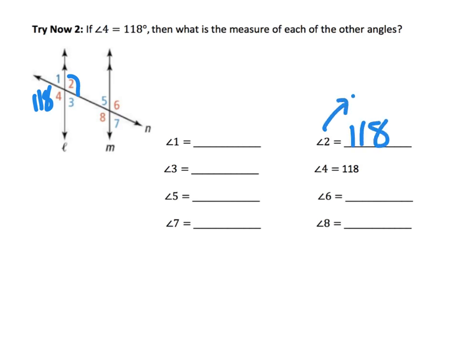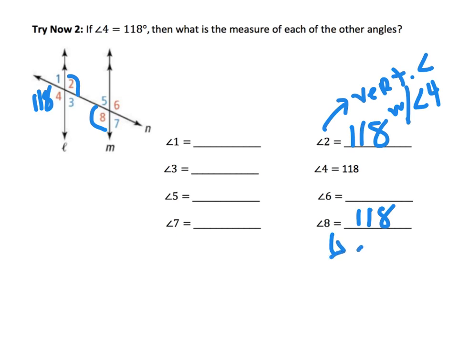I know this because angle 2 is a vertical angle with angle 4. My next one, I know angle 4 and angle 8 are corresponding angles, so they're going to be congruent. So this one's 118 because it's a corresponding angle with angle 4.